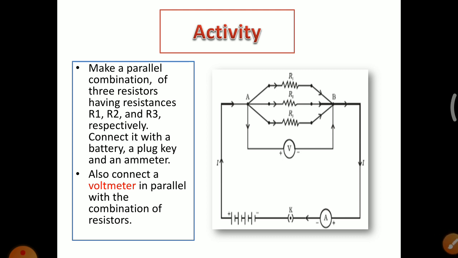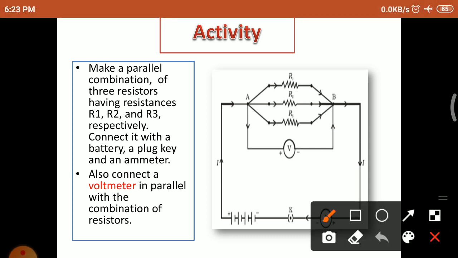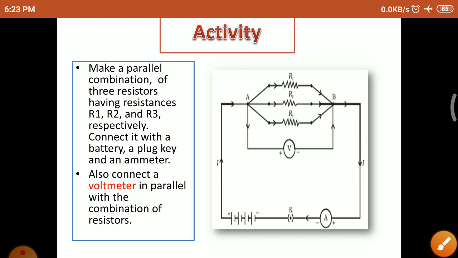We did some activity for resistors in series. The same activity we have to do here also. First, make a parallel combination of three resistors having resistances R1, R2, R3 respectively. Connect it with the battery, plug key and ammeter. See, the ammeter is here.